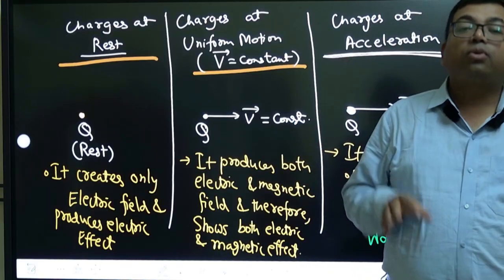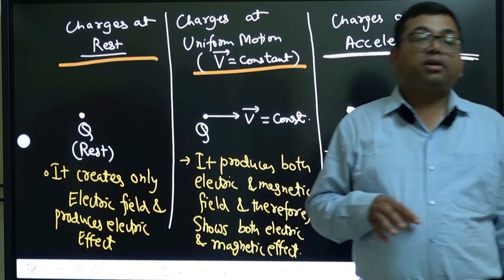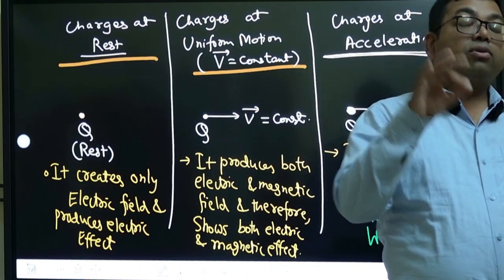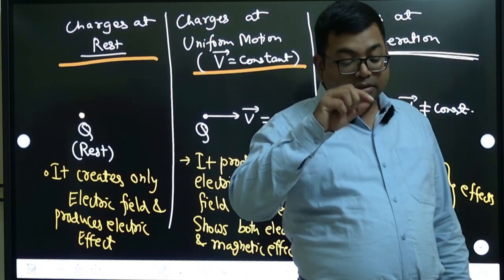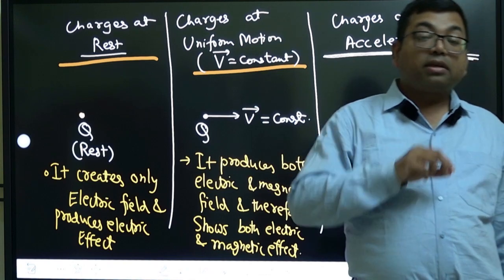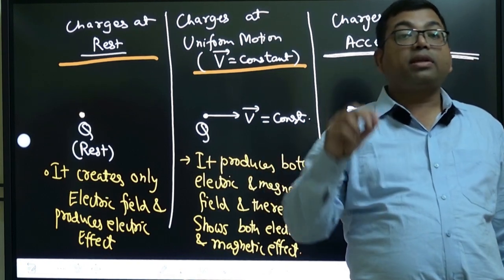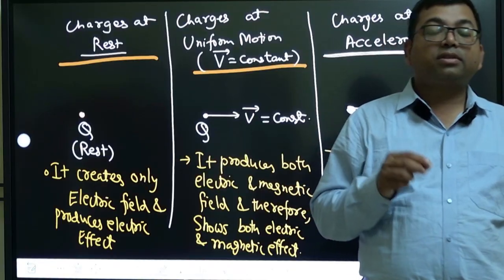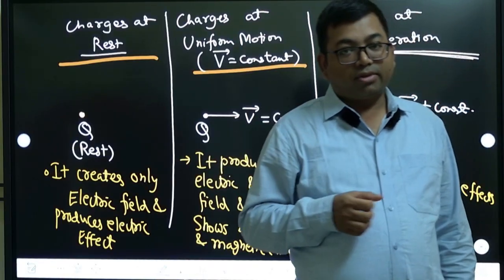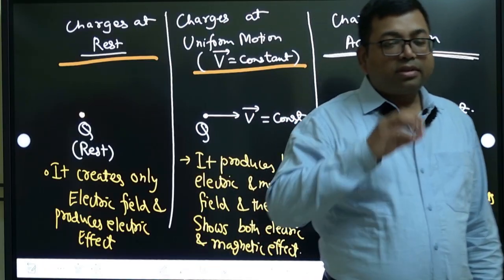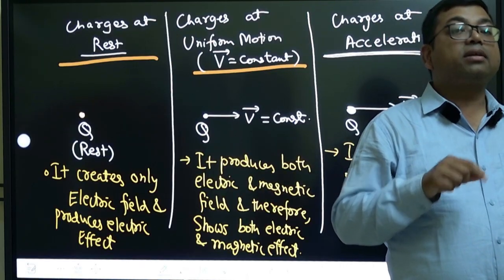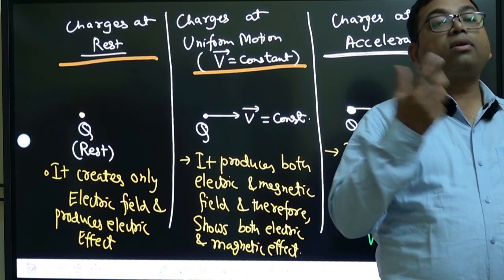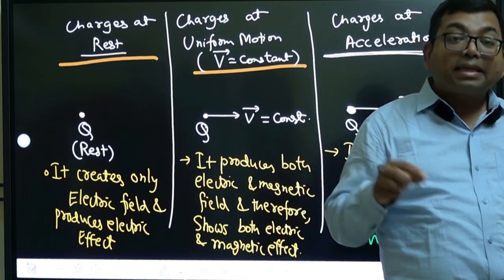That was the most important Maxwell's theory, which was challenging the Rutherford model of atom. You might have studied in chemistry that Rutherford gave the planetary model, that electrons are going around the nucleus. Maxwell challenged that theory: electrons cannot keep on going because they are under acceleration.